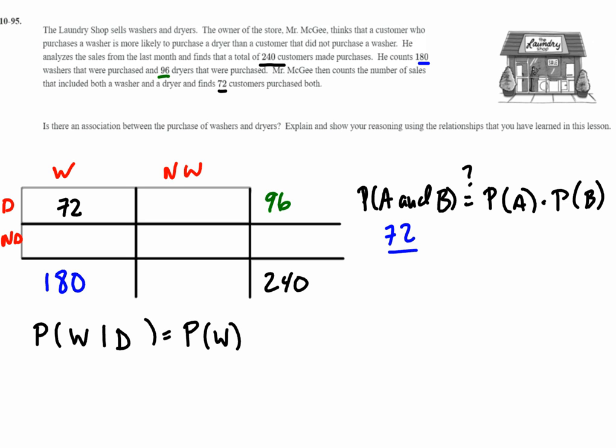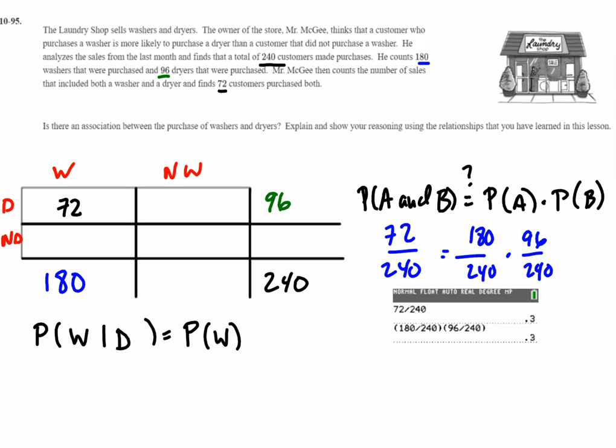That's 72 out of 240. The probability of A, in this case, would be a washer. I have 180 over 240 times the probability of a dryer, which is 96 over 240. Let's get these to their decimal form. And as we can see from our calculator, we do get the same decimal on both sides.